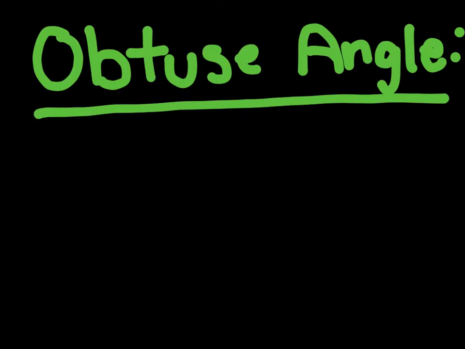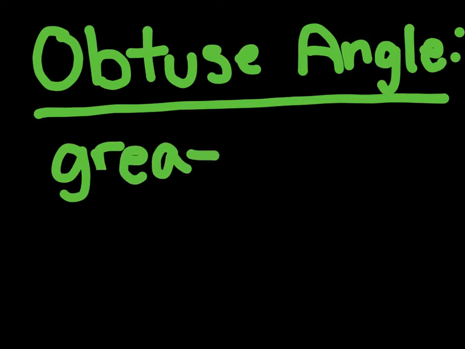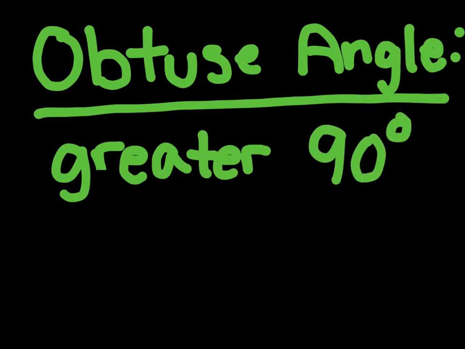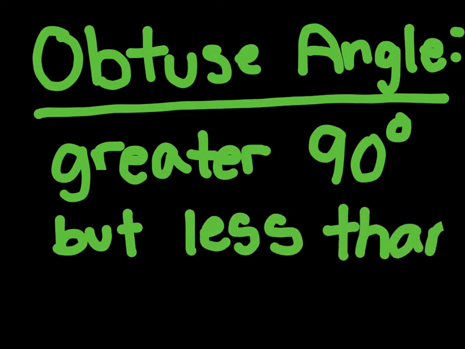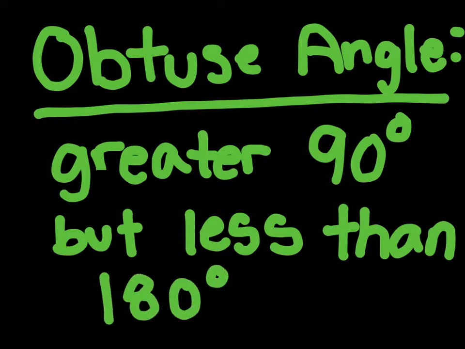An obtuse angle is an angle that is greater than 90 degrees, but also less than 180 degrees. So I'll give you guys a few examples of obtuse angles on our next slide.